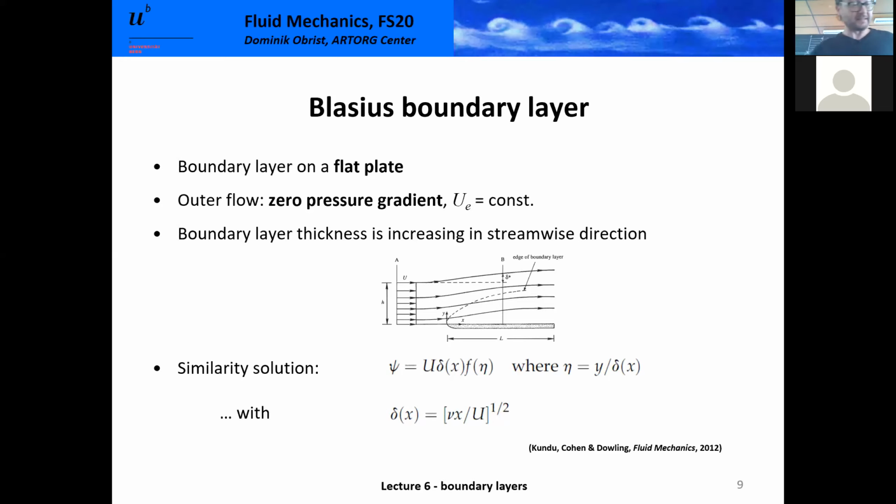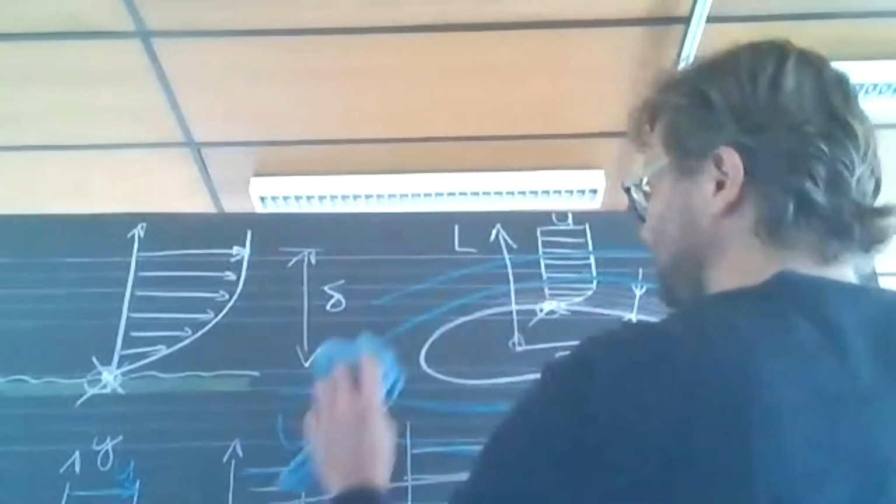And for the thickness, he used the following ansatz you see on the bottom line. And let me do this again on the blackboard because I think it's important you understand that.